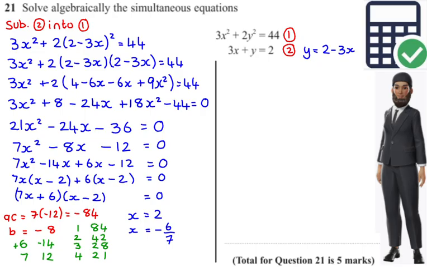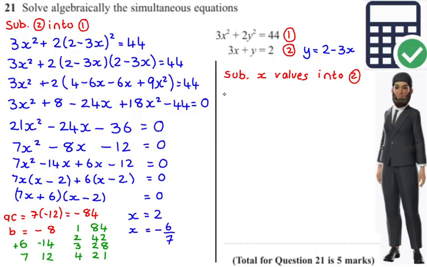Okay, right, so then let's substitute these x values into equation 2, and then let's try this.